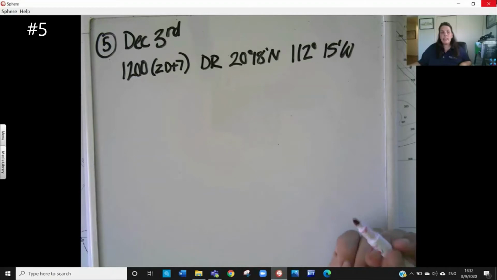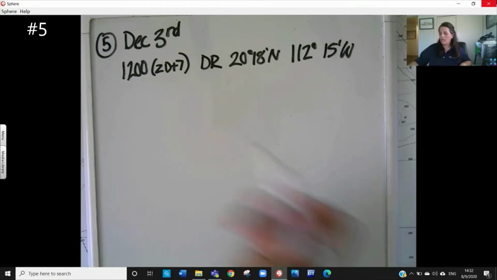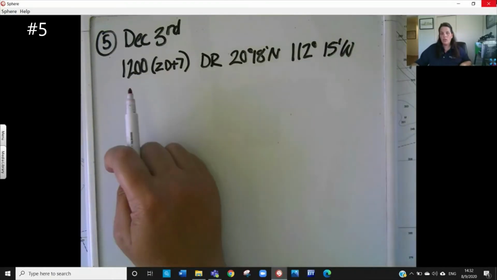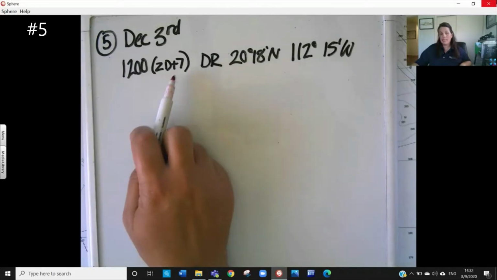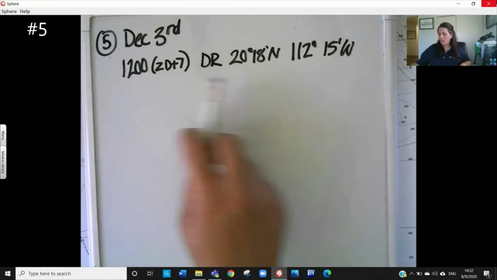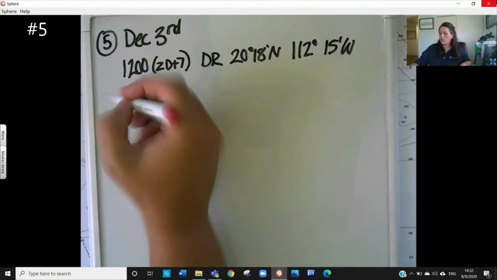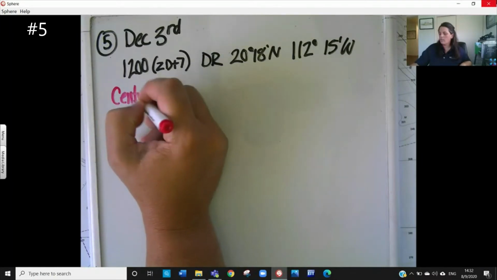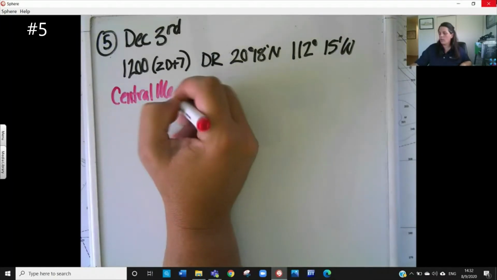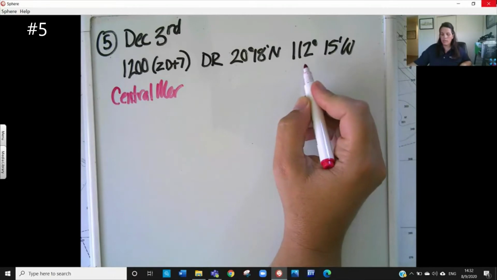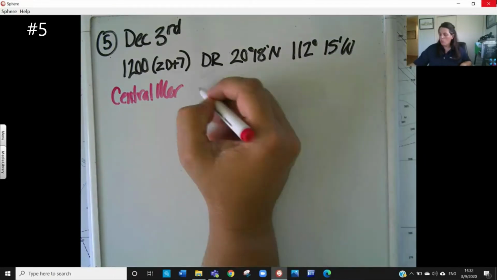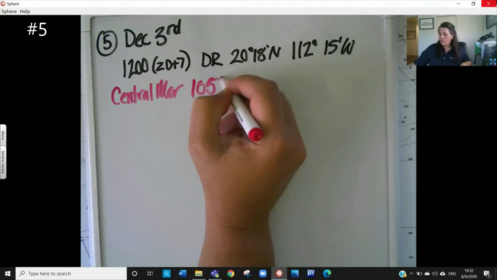Okay, number 5, we are on December 3rd. Zone description is +7, and we have our DR. So our central meridian for where we are is going to be 105 degrees west.